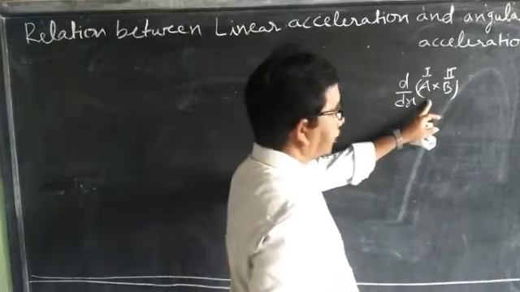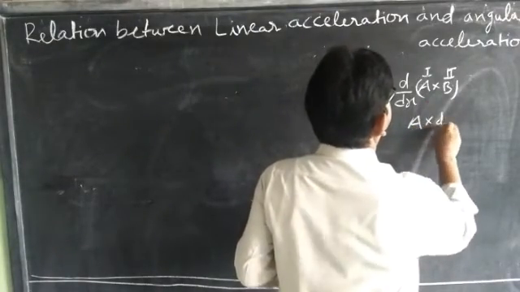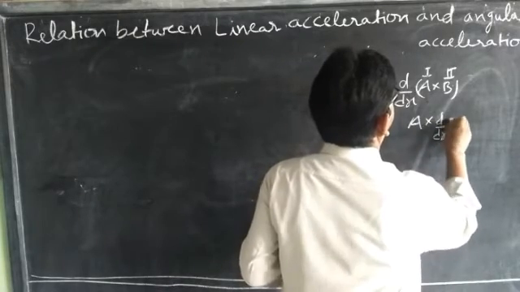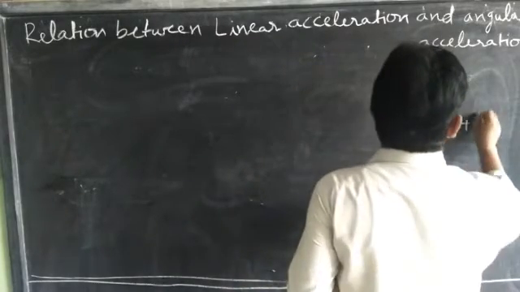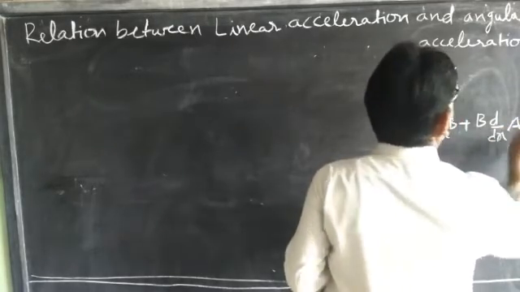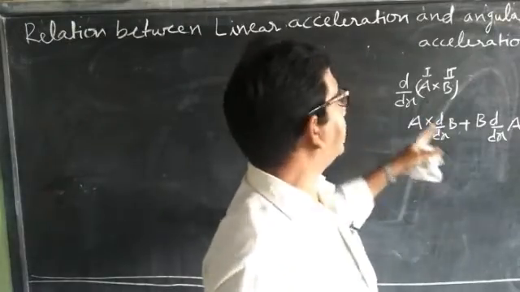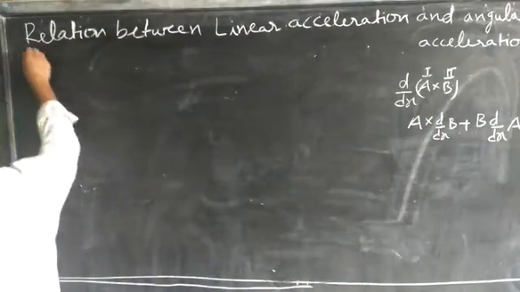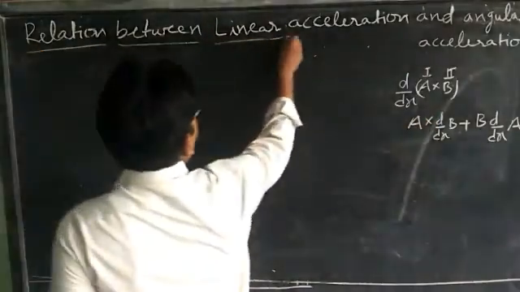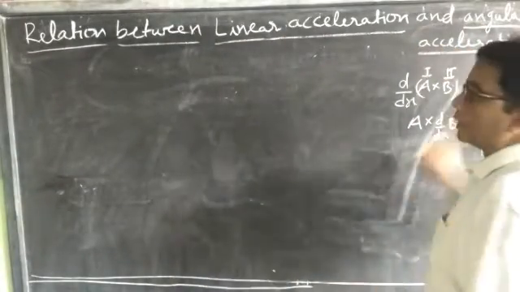We write first function into differentiation of second plus second function into differentiation of first. With the help of this we can derive the relation between linear acceleration and angular acceleration.